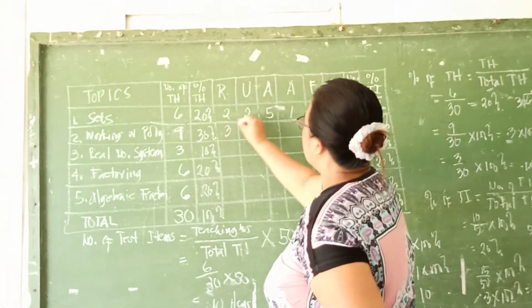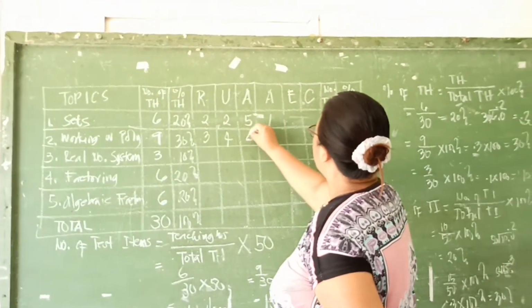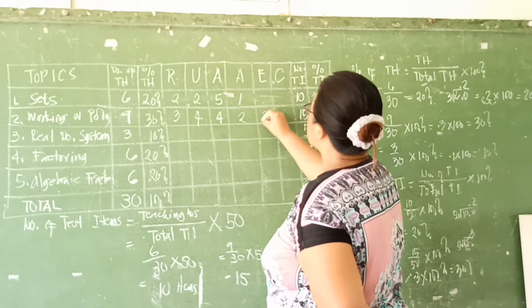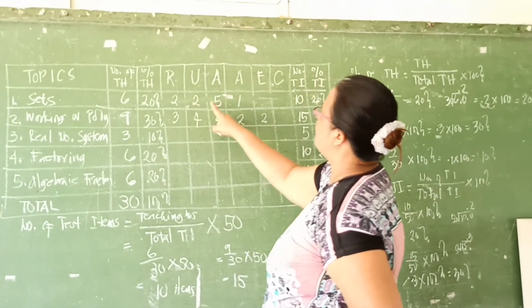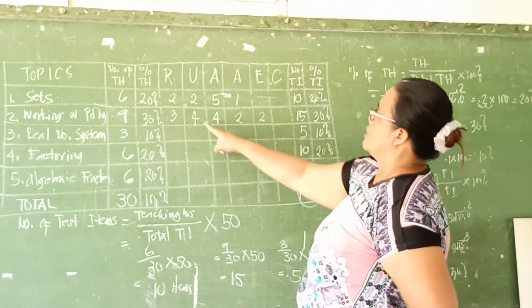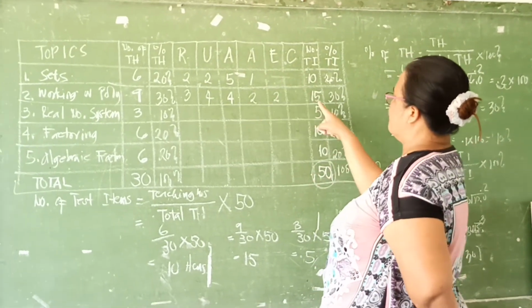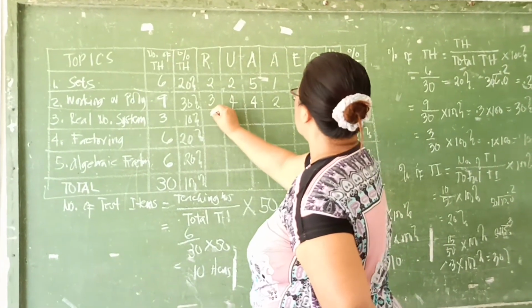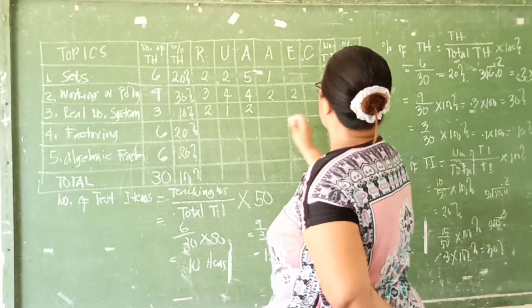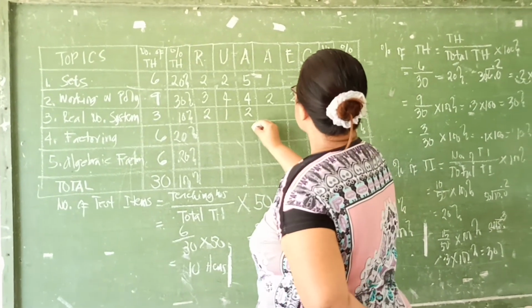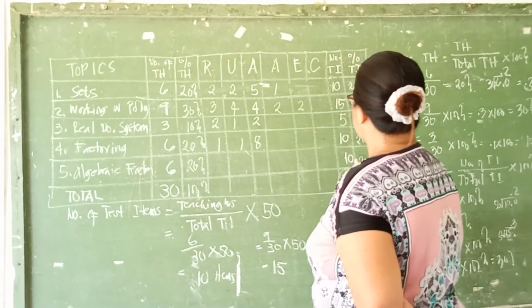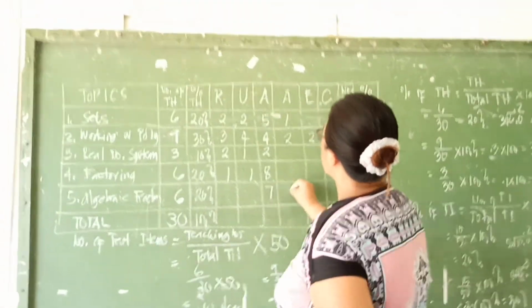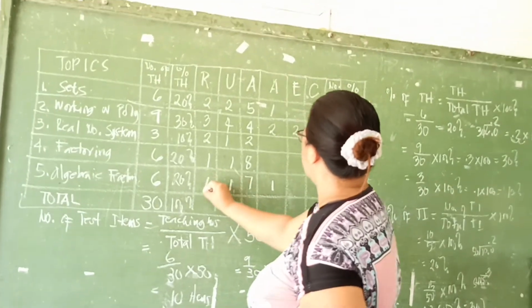If I have here 3, 4, 4, 2, 2, a total of 15. So there, 2 plus 2, 5, 1, 10. So 7, 11, 2 plus 2, 15. And then here, if I have 2, 1, 2, 5. And then, for example, 8, 1, 1. So here, if I have 7, 1, 1, 1.